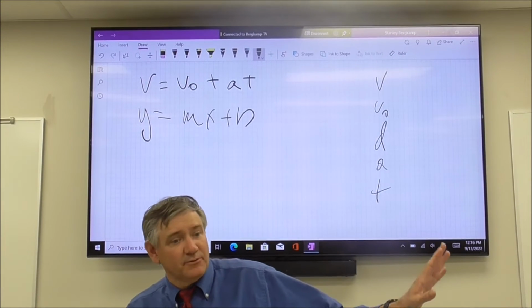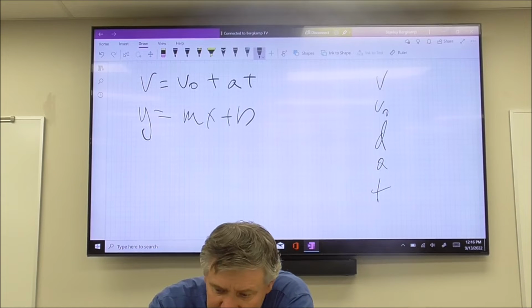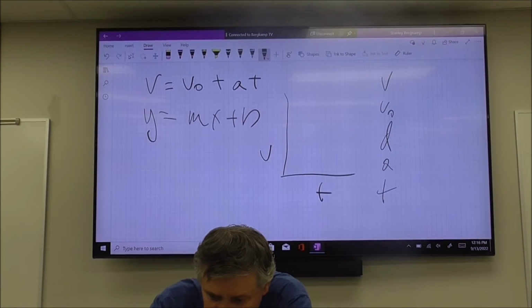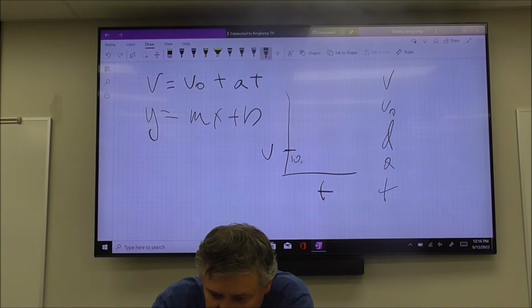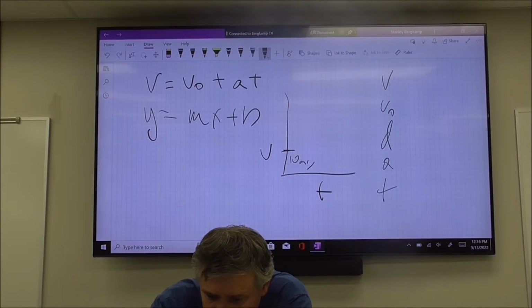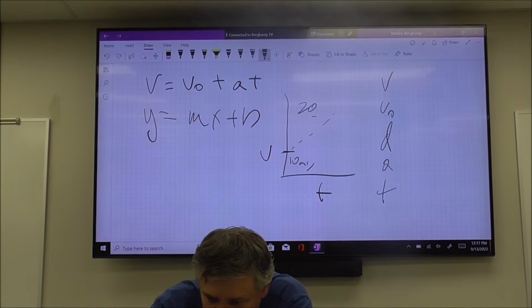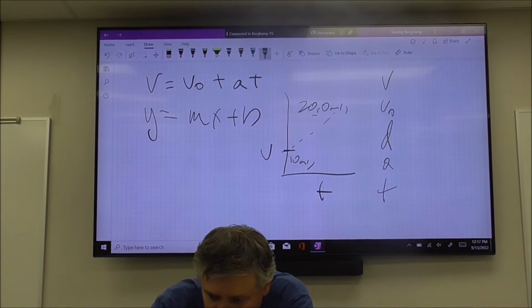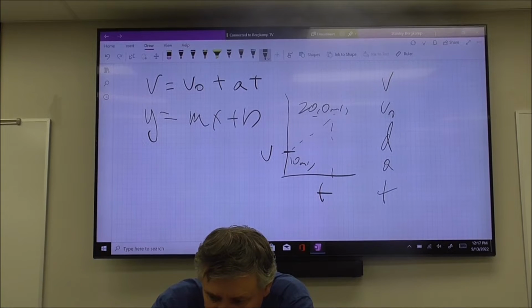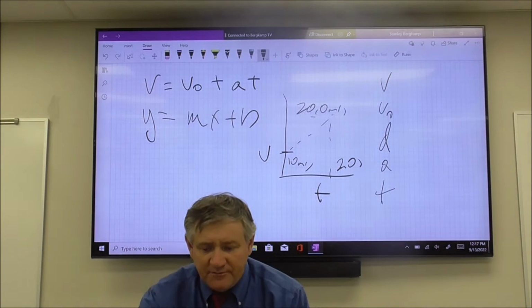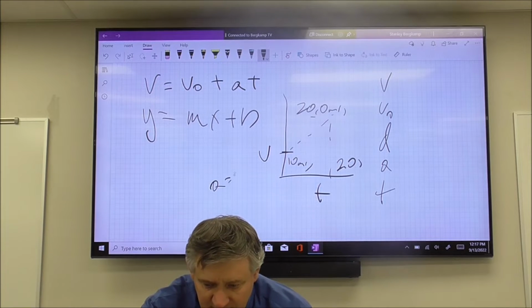So this relates to any velocity-time graph. Let's say you're starting at 10 meters per second and you're going to end up at 20 meters per second. You know that's going to take 2 seconds, and you want to figure out the acceleration.